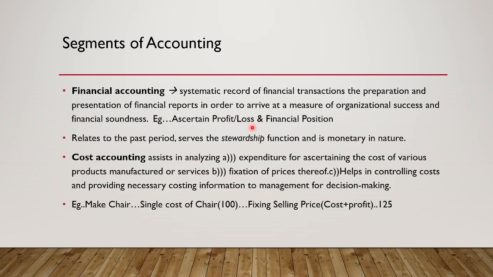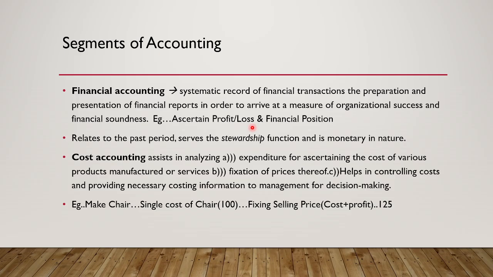Now how will we get this profit and loss? See, I am manufacturing chairs. A chair costs me 100 rupees, and I am selling the chair for 125 rupees. My selling price is 125 and my cost price is 100, so I am getting a profit of 25 rupees. Why? Because I am able to sell my chair at more than my cost price.